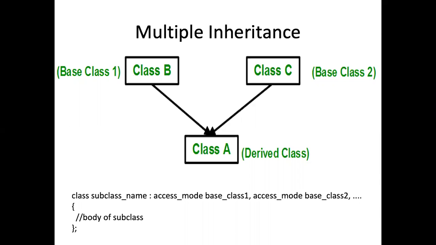If you have a situation like this, then number one, what is the situation in which you can have multiple inheritance? That's the first thing that you need to know. The second thing is that each base class would have some functions and data members, so how would the inheritance be done by the derived class?